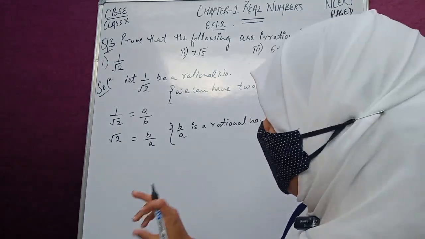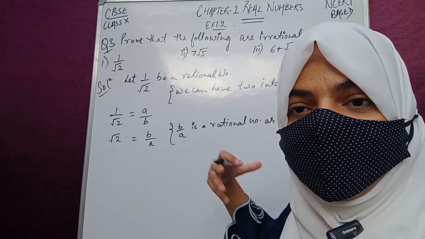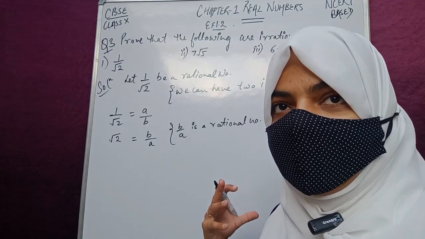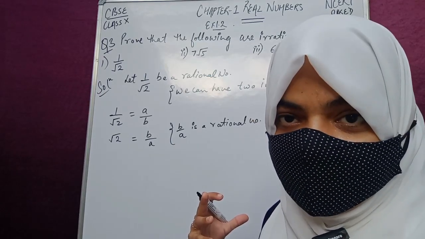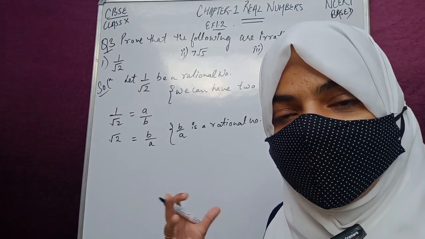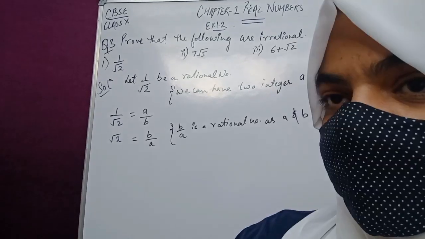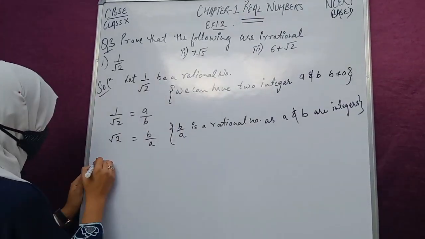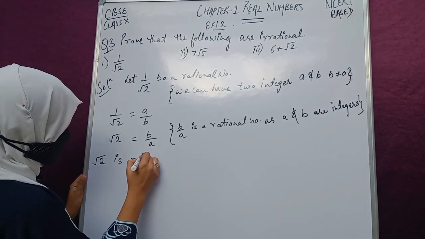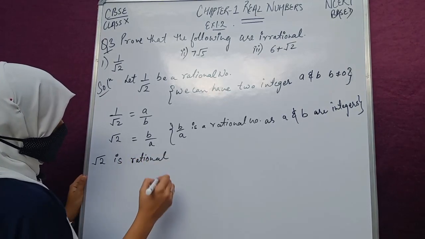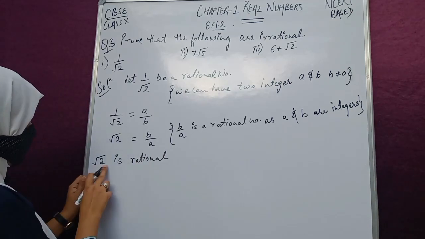So this way we are contradicting what we assumed. Our assumption was that root 2 is a rational number, but it is not a rational number. We are contradicting its fact. I hope you are able to follow. So square root 2 is rational.